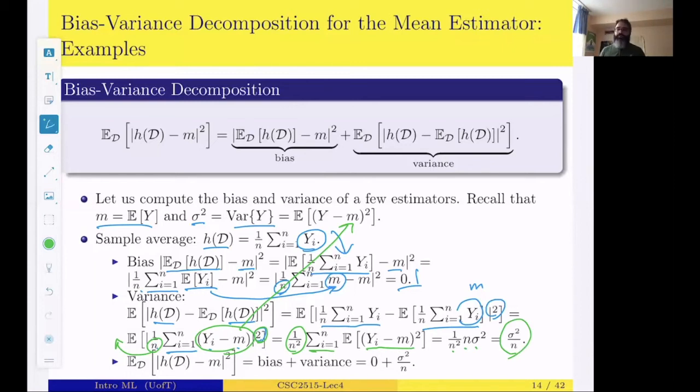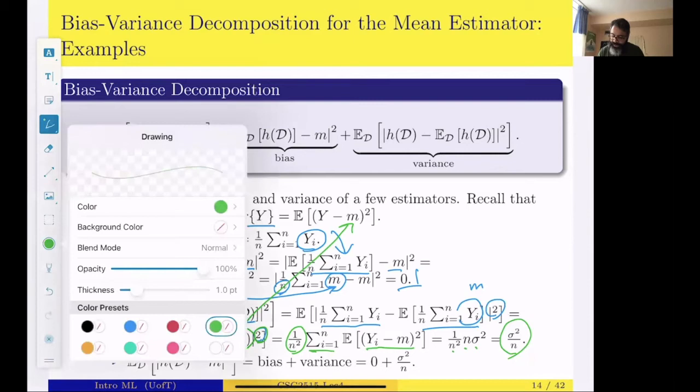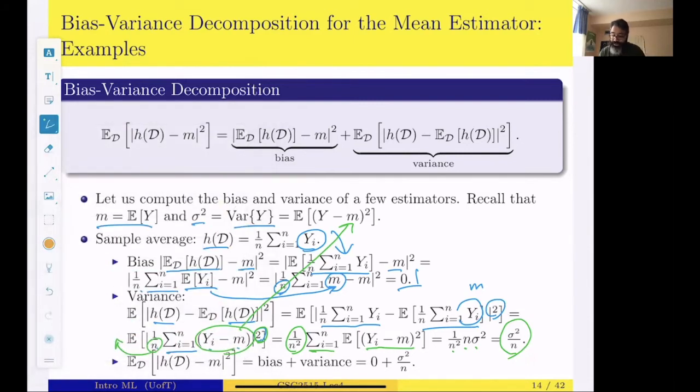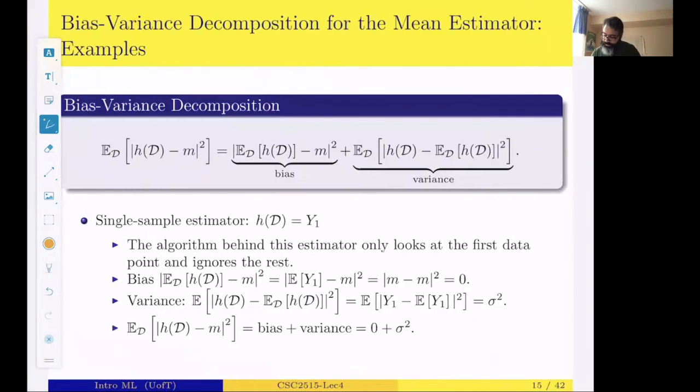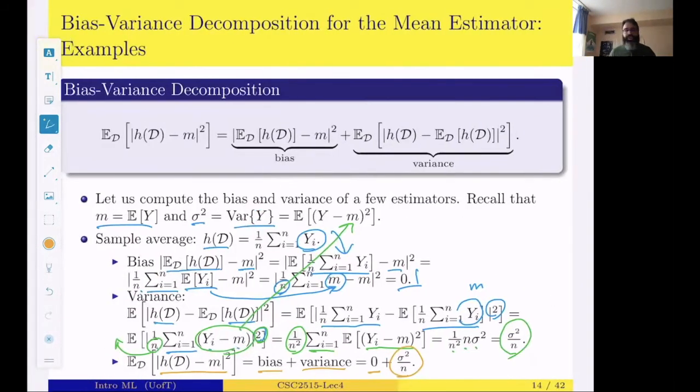Now we put the bias and variance together. The expectation of h(D) minus m squared is equal to bias plus variance. Bias is 0, variance is sigma squared divided by n. So what does it say?